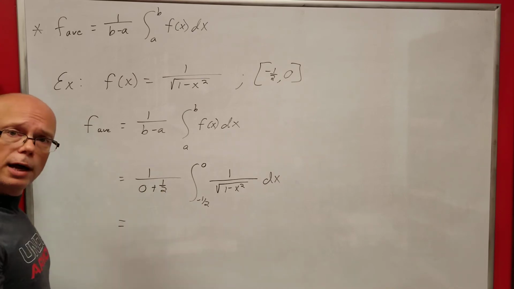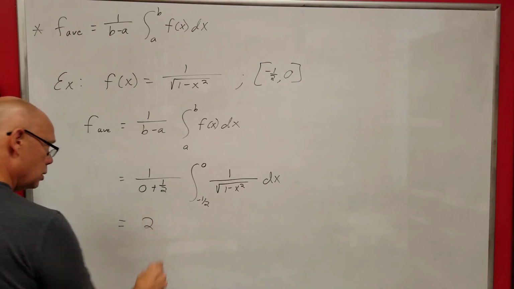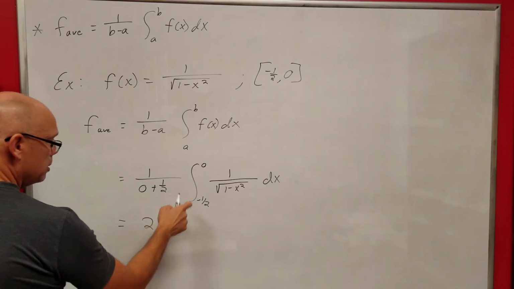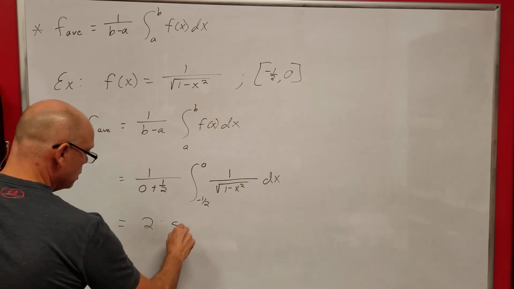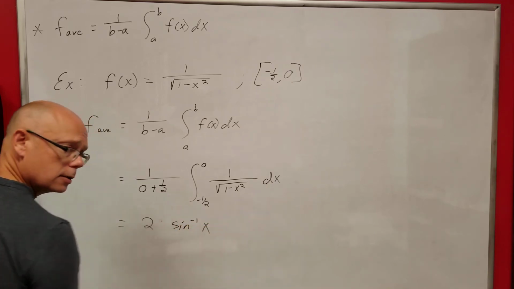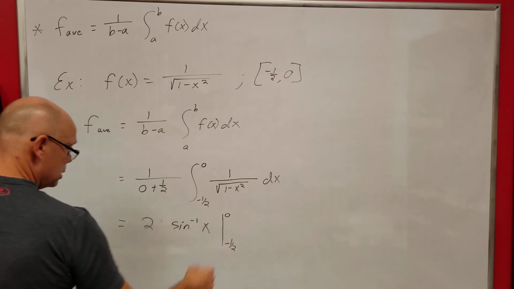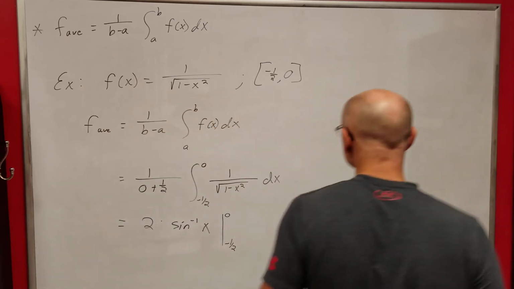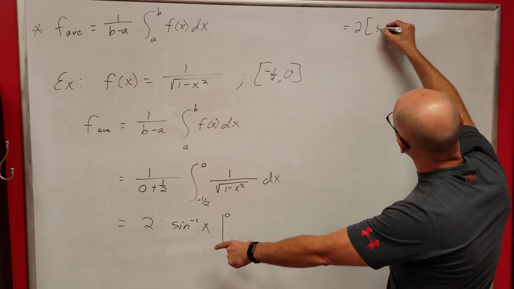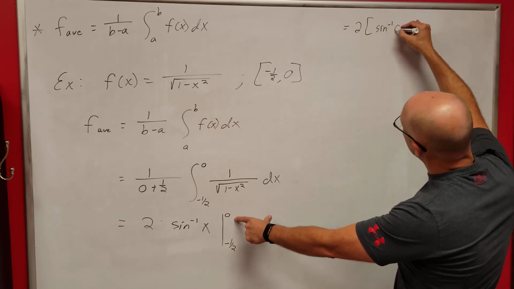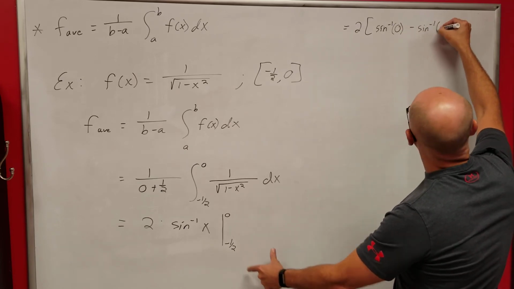That's 1 over 1/2, right? Or could I say it's 1 times 2 over 1, or 2, times this integral. What's the integral of this? That's inverse sine of x. And we need to use my limits of integration from negative 1/2 to 0. If we keep going here, we have 2 times the inverse sine at 0 minus the inverse sine at negative 1/2.